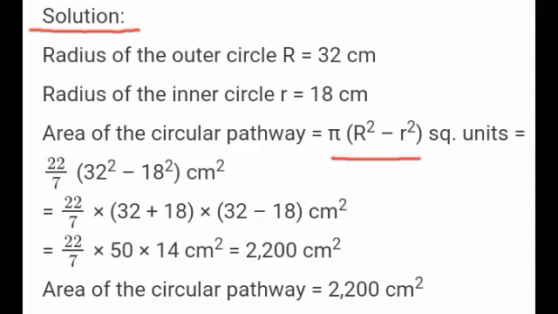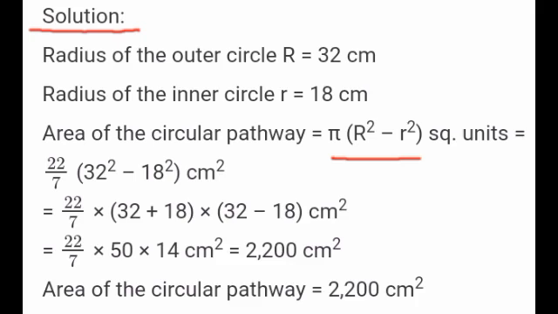We have to find the area of the circular pathway. The formula is pi into capital R square minus small r square square units.